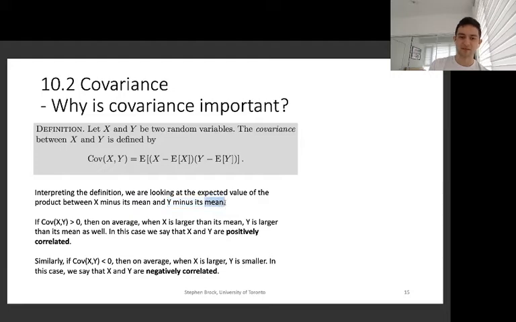Because the mean is the expected value. They're synonyms. If you haven't realized that by now, then hopefully now you know. So we have x minus its mean, right? So we have all our x values, or all the possible outcomes of x, and we're subtracting the mean of x, right? So in a way, we're kind of centering the data, right?